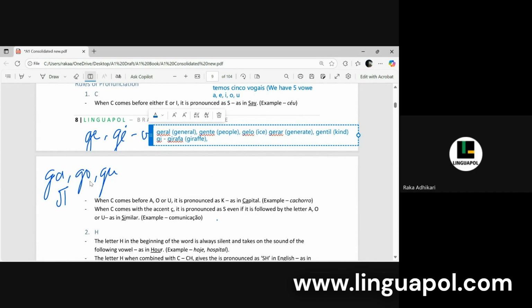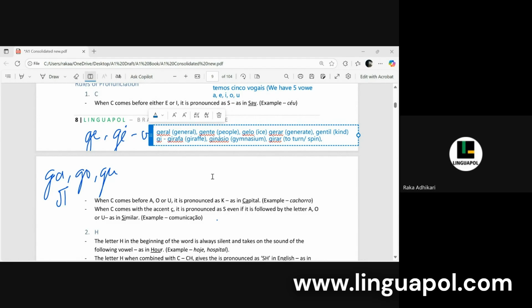No, that will be garrafa, which is GA. It gives the sound of G. Let's take the word ginásio, gymnasium. And let's say girar. Let's take a verb. Girar is to turn, or even to spin.